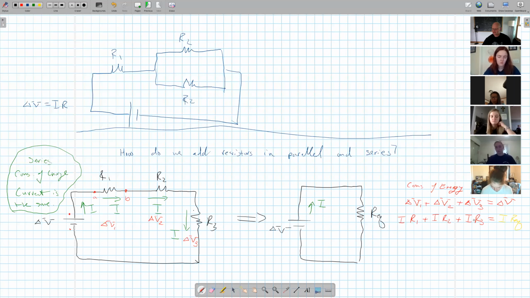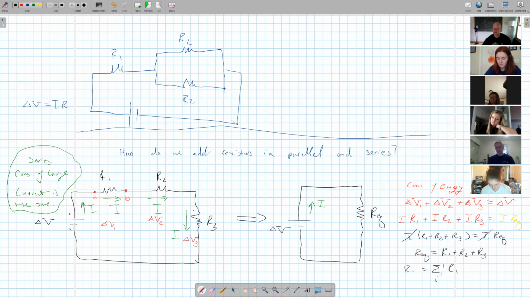Since all these I's are the same, I'm going to factor it out. So this says that the current times R1 plus R2 plus R3 must be equal to the current times the equivalent resistor. Since this current is the same as this current, we can cancel those out. So the equivalent resistance is simply equal to the sum of all of these resistances, or in a general sense, the sum over i of Ri.